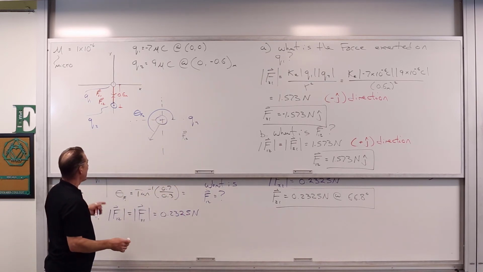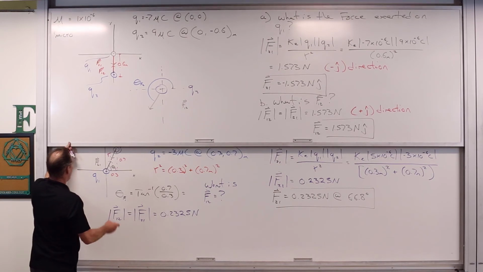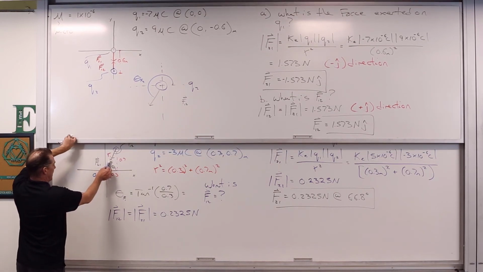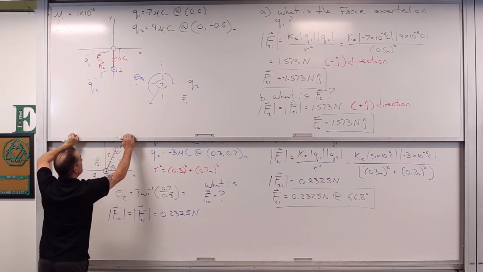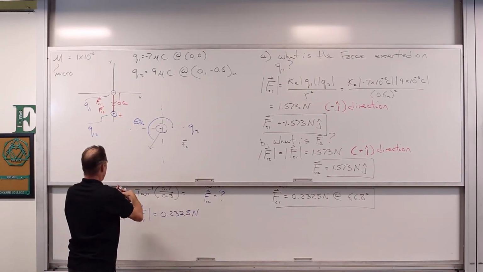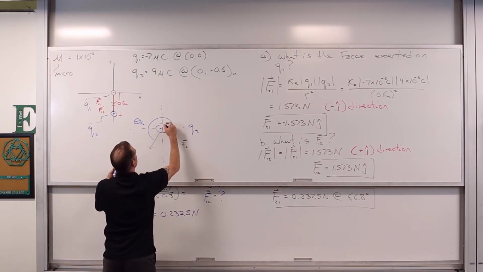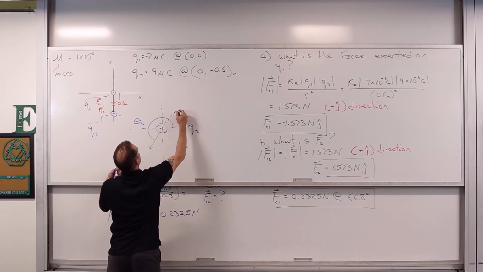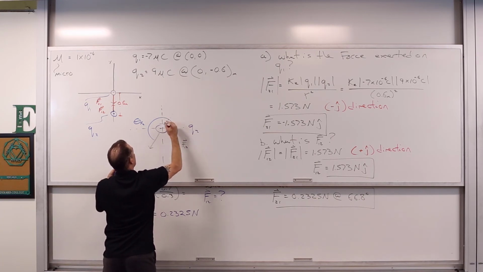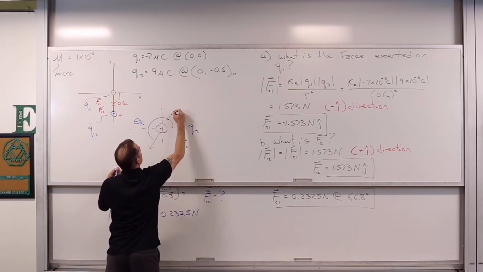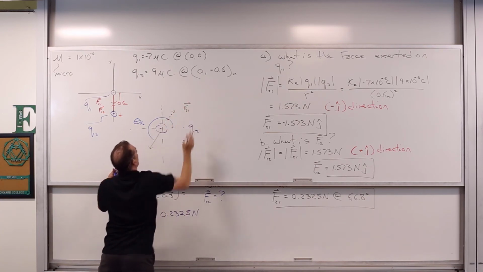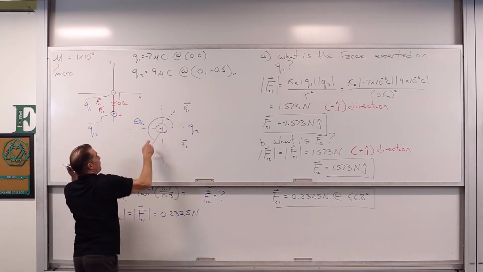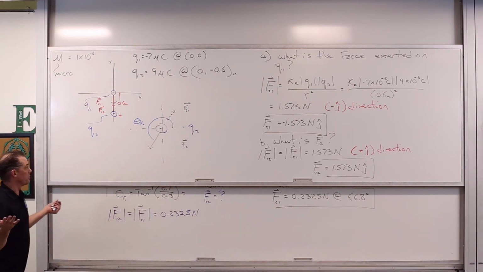Well, how are we going to get that? Well, we can note what the direction of this was, right? If I take this vector and translate it up here, I have something for reference. This was our F21 direction. These two forces are just in opposite directions, right?